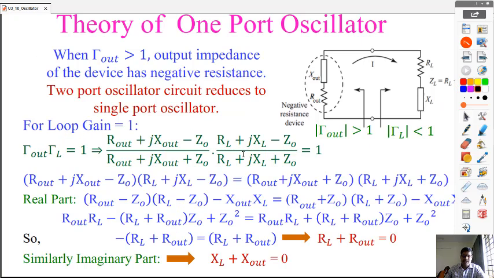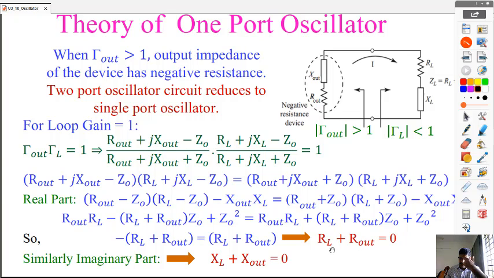One condition is RL greater than 0, Rin less than 0. So this is one of the conditions.